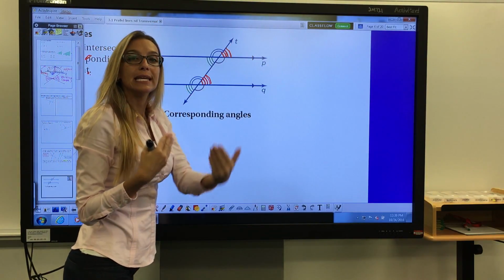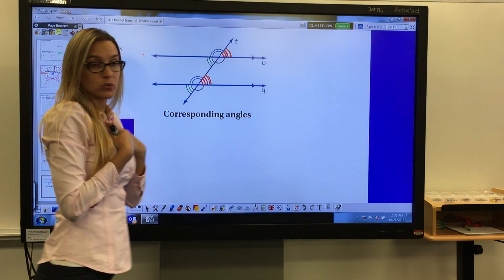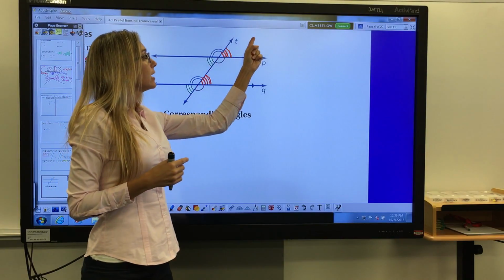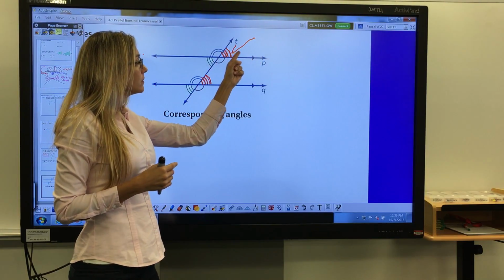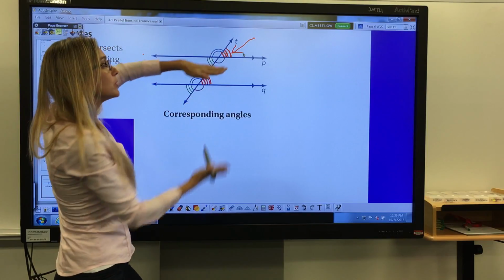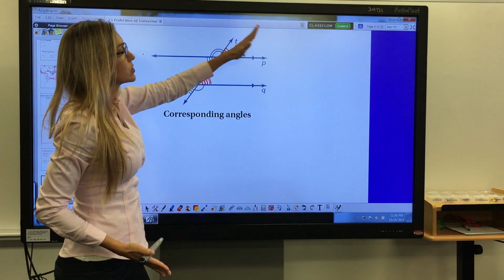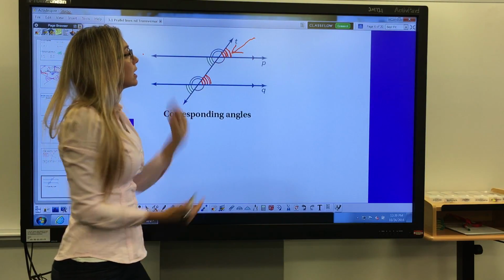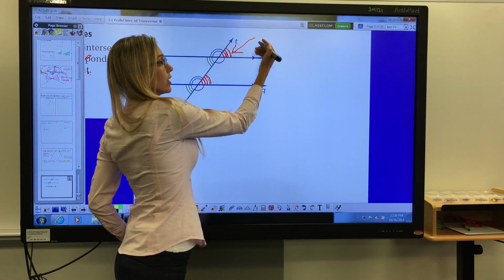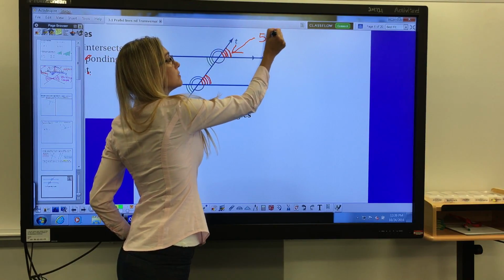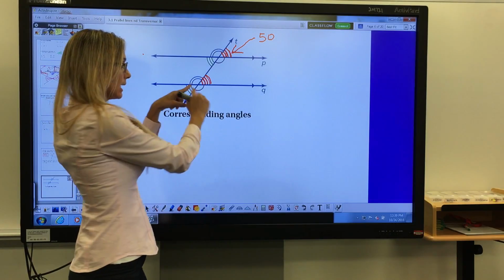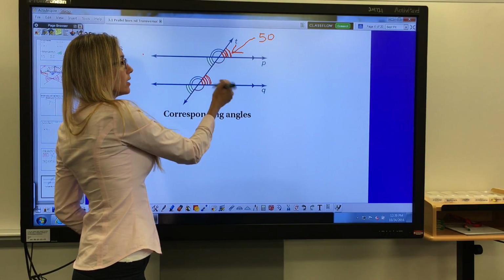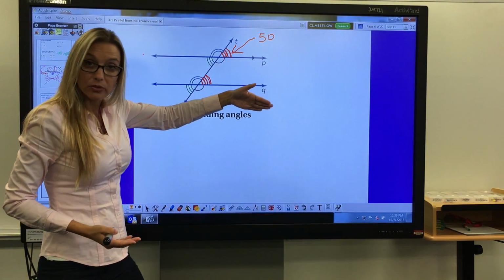If you do not see it, I want you to think about it this way. This red angle is on top of the line and it lies to the right. So if this angle in here, which is on top right, was 50 degrees, on this line, this angle is also top right, correct?